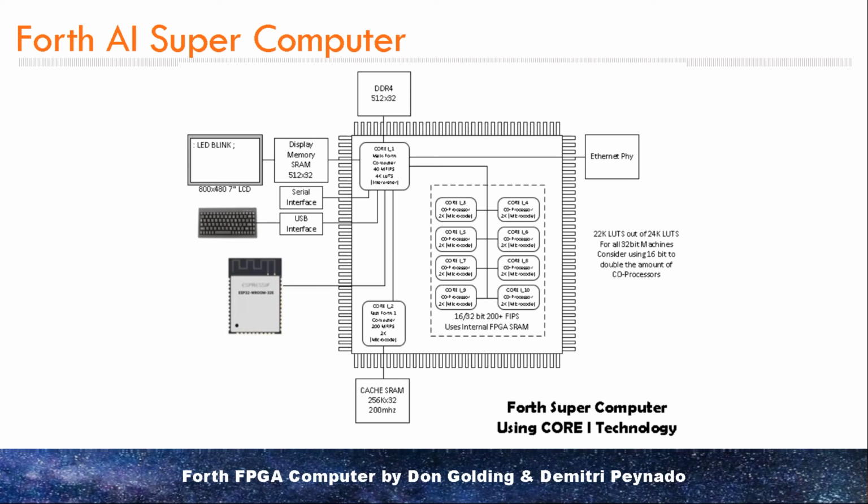So this would be a version for him where he needs 8 cores running simultaneously to do his neural network stuff. And then, of course, this is the main computer core.